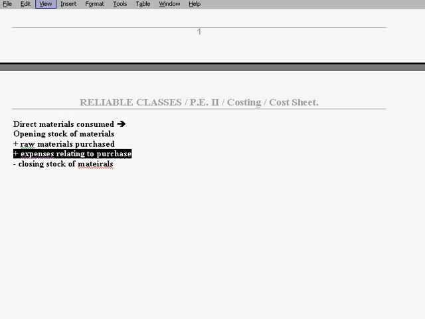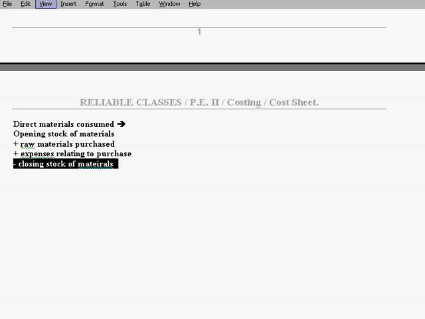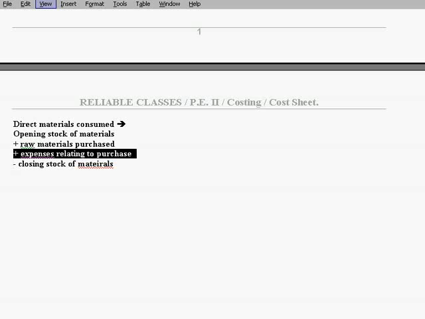Expenses relating to purchase means expenses relating to buying the goods and bringing such goods to our premises.